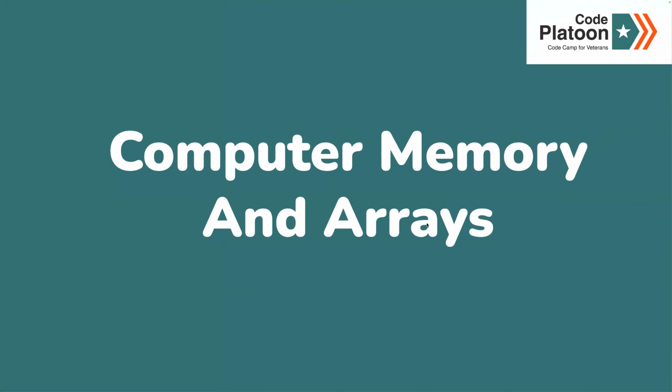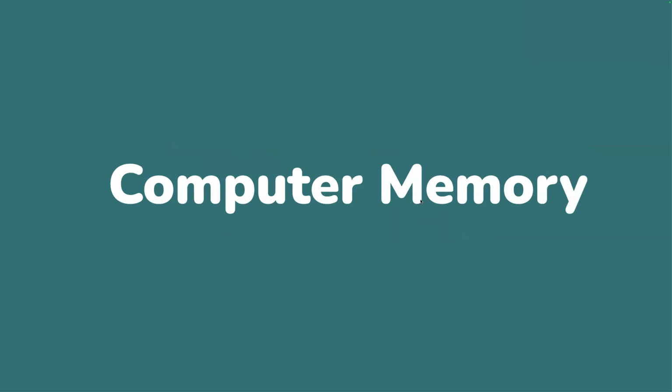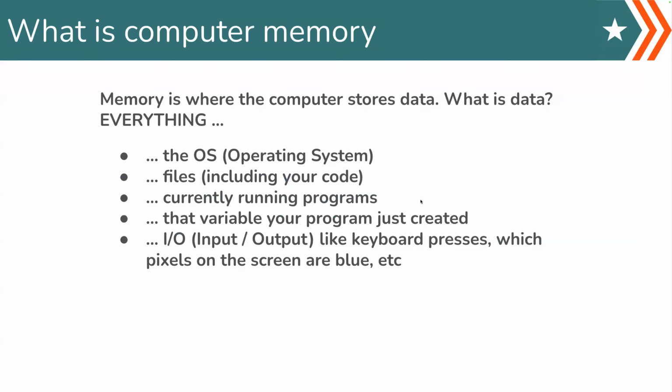So computer memory is really cool. I'm going to talk a little bit, but not a lot, about hardware. And we're going to talk about the different kinds of memory. Obviously, memory is where a computer stores everything, right? Where a computer stores data. And there's a saying, code is data, right?